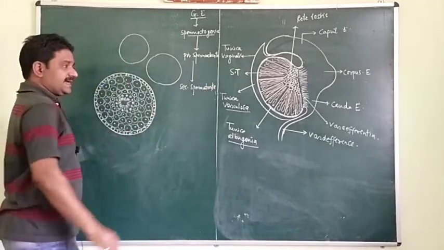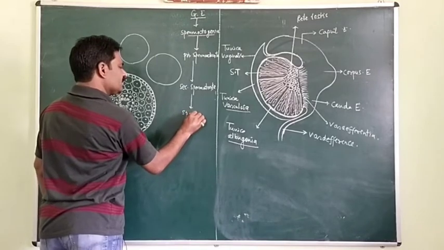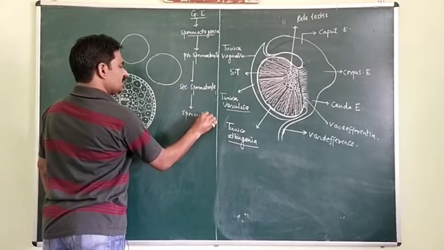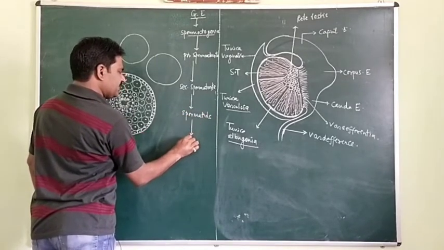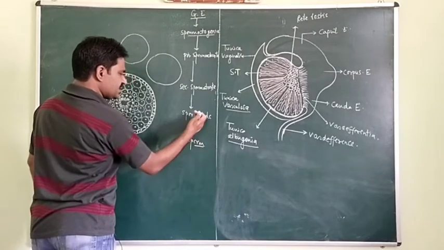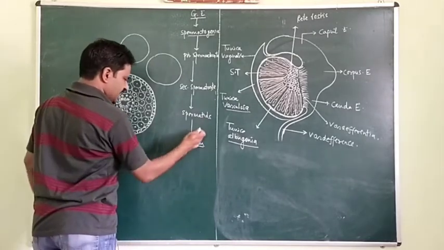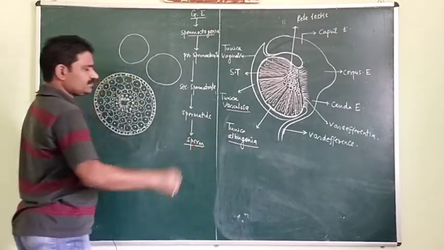Secondary spermatocyte again divides to form spermatids, and the spermatids finally transform into sperm. There is a transformation.